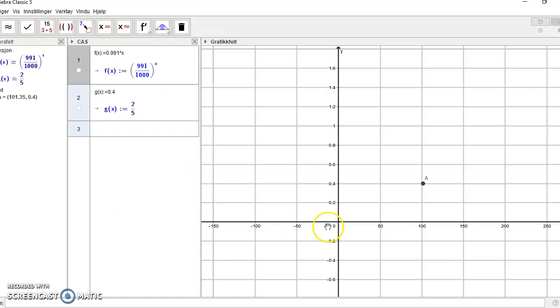If we graph this in GeoGebra, the first function is a power function, because you have a number to the power of x or n, the variable that we're talking about. If we graph this, it's going to look like this.